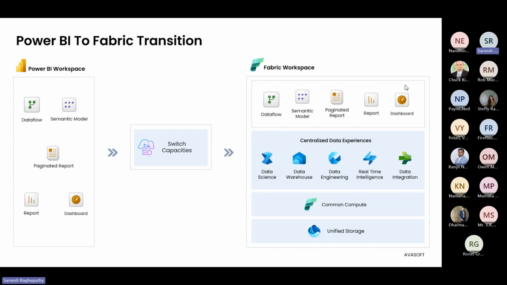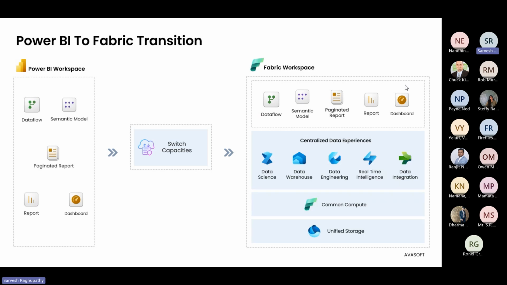And here's how a typical transition looks. A typical organization that has Power BI would typically use dataflows and semantic models for their transformations and processing. Then their reporting workloads would exist in their paginated reports, their reports and dashboards, where they might have alerts configured and everything else.